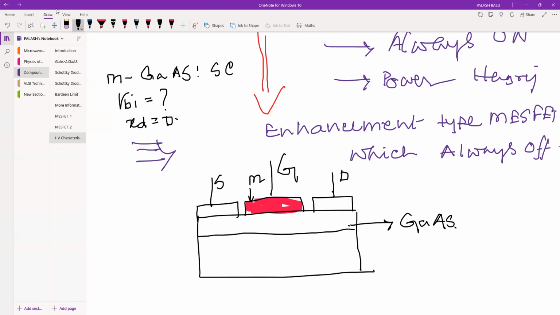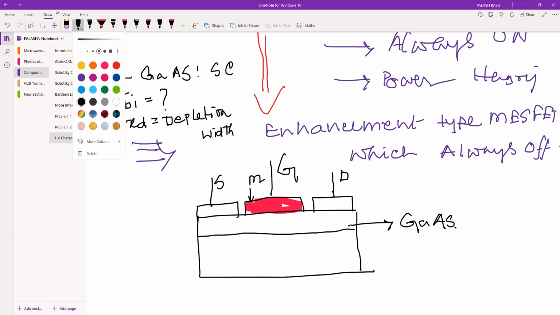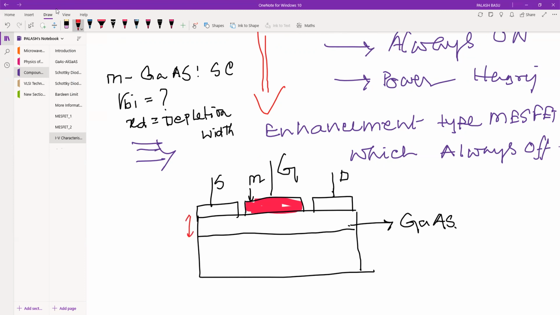And if you know the VBI, you can also find out XD, the depletion width. Once you find the depletion width, your work is to have a thickness of gallium arsenide, which I represented earlier as A, equal to XD.